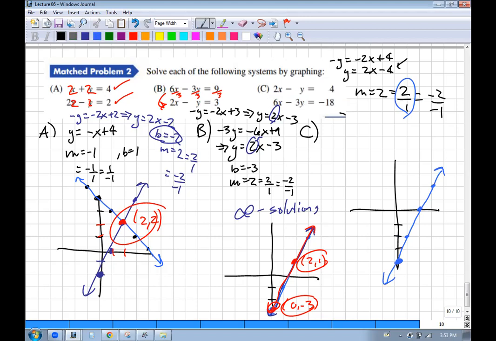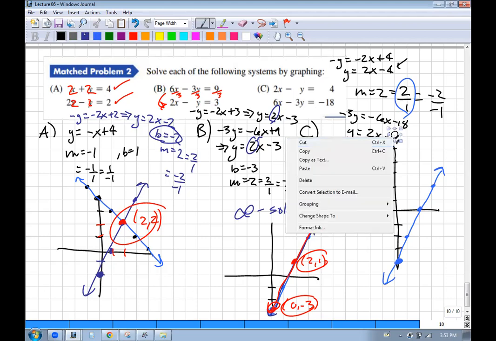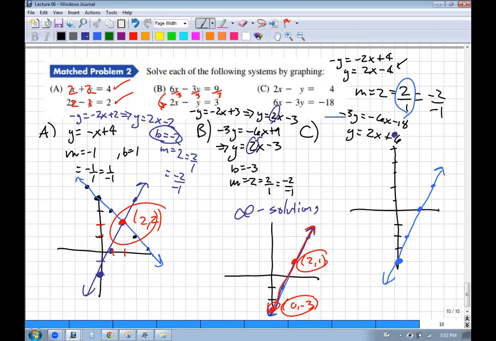If I move all of my x's to the right-hand side and divide everything by -3, I get this. So I need to go up 6, 1, 2, 3, 4, 5, 6. And my slope is 2, same as this one.